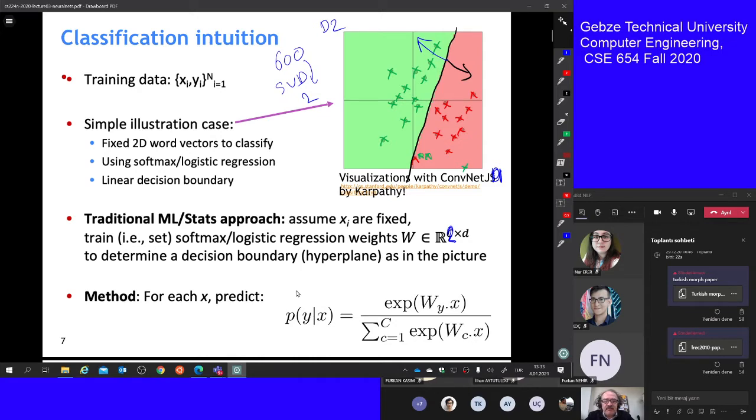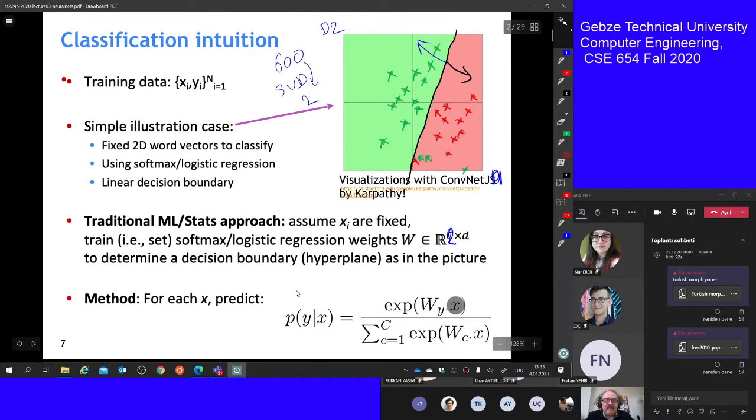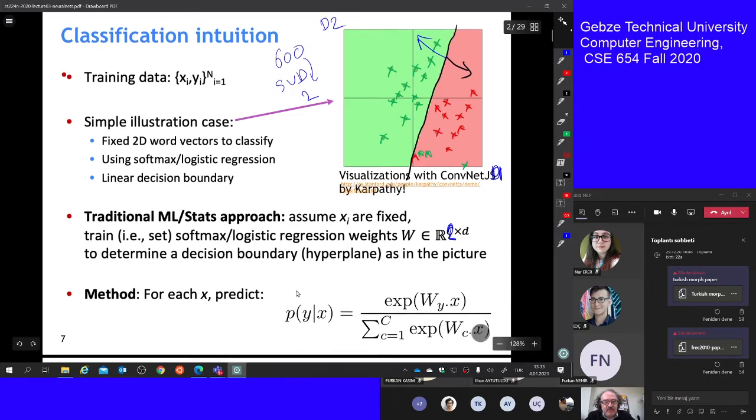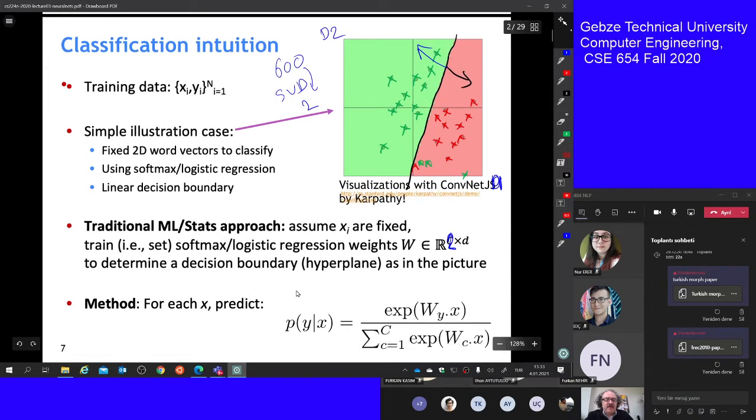For any given input, I multiply that input with the weights of that class, and I also multiply the input with all the weights of the corresponding classes, and I make this division.